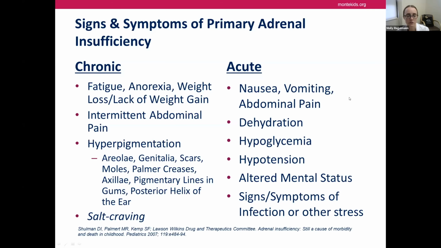Acutely, if you have adrenal insufficiency that's unrecognized and untreated, it's life-threatening, and that can present with nausea, vomiting, abdominal pain. You can get dehydration and have very low blood pressure and low blood sugar, and this leads to altered mental status, and often it's triggered by another source of stress, such as infection or anesthesia.